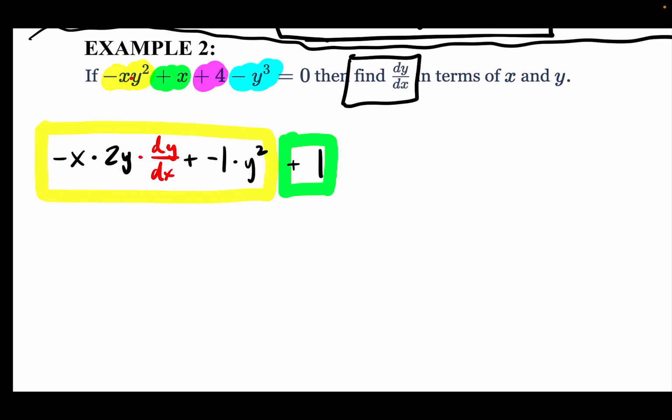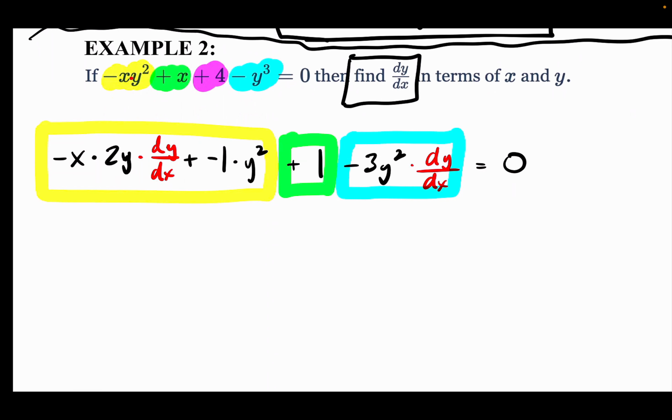I'm not going to write 0 because it's just plus 0. Blue, what's the derivative of the blue? 3y squared times y prime, or dy dx. Equals 0, because the derivative of 0 is 0.